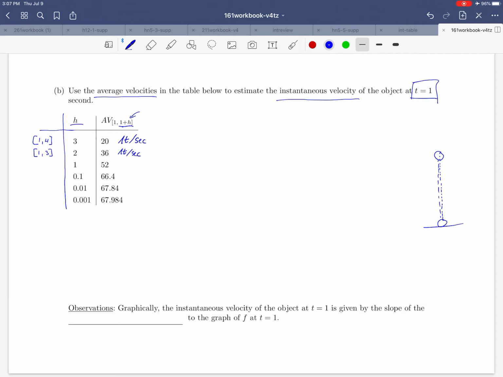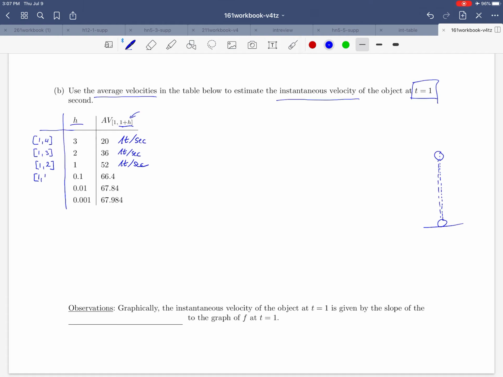Somebody else already did this for us, so we don't have the tedium of having to do that, but we can still see what time interval we're looking at. We're looking at the time interval starting at 1 and lasting 1 second. So that is a time interval from 1 to 2. And apparently there, the average velocity, if we are just looking at a 1 second time interval, is 52 feet per second.